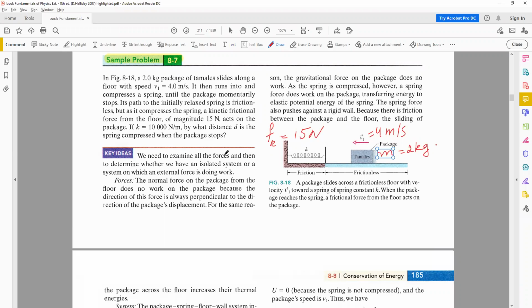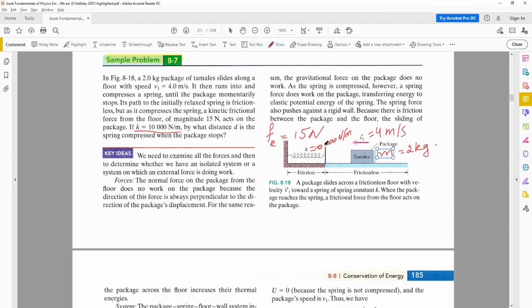And the value of K has been given to be 10,000 newtons per meter. So these are the values we have.